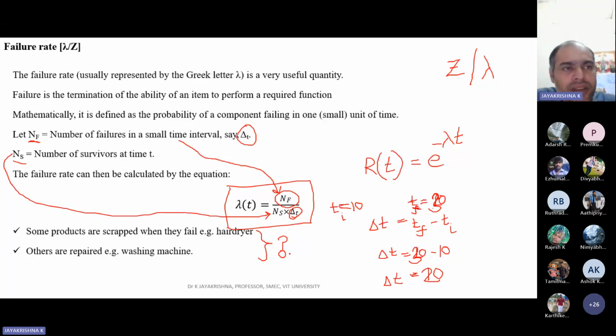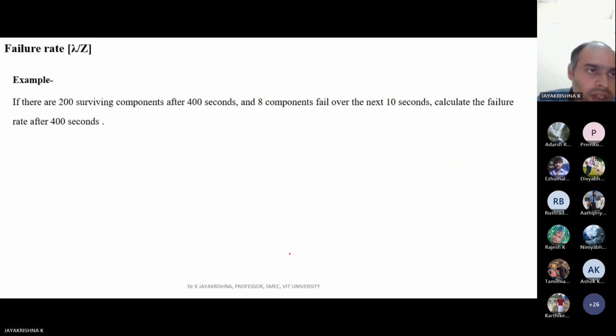That's why some components cannot be repaired, non-repairable items. Some items we can repair and reuse because the cost of repair will be much cheaper than the original cost of the product. So these are repairable items and those are non-repairable items. To decide this, we need to know the failure rate of the product.